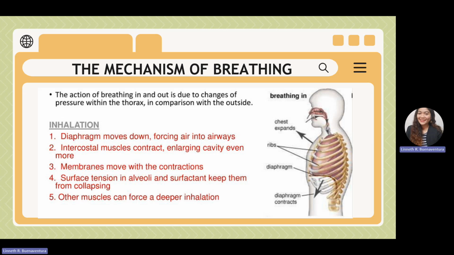The intercostal muscles contract and enlarge the cavity even more for more space. Then the air enters the lungs while the membrane moves with the contraction. Surface tension in the alveoli and surfactant keep them from collapsing, and other muscles can force a deeper inhalation.